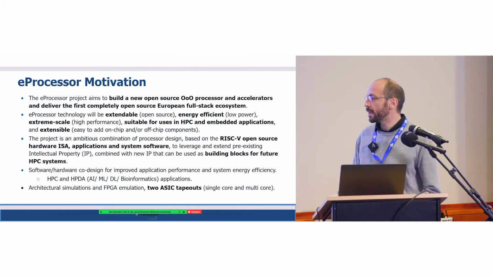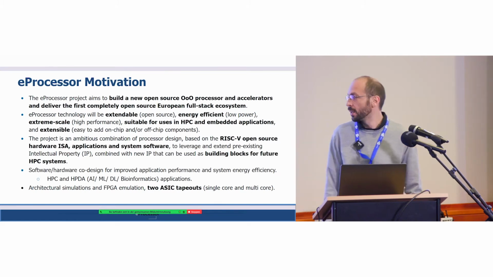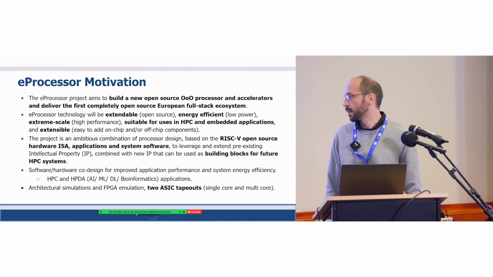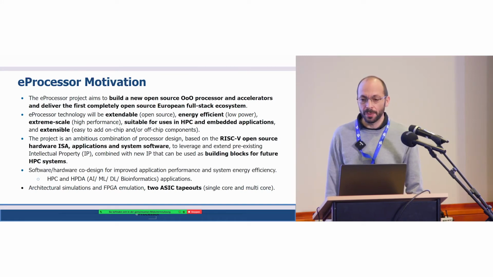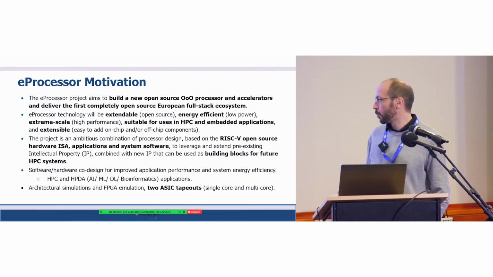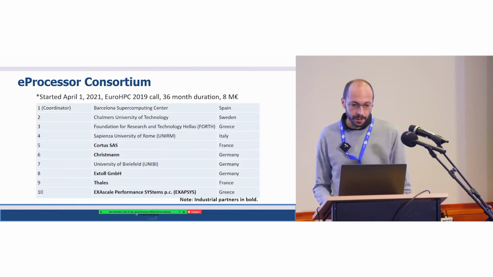That means AI, ML, bioinformatics. We're also doing architectural simulations and FPGA emulation. And most importantly, we're going for two ASIC tapeouts. One will be a single core. By the end of this year, we will have sent it out. And one will be a multi-core tapeout next year.